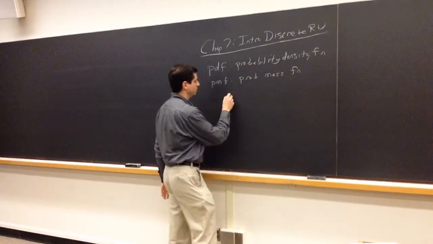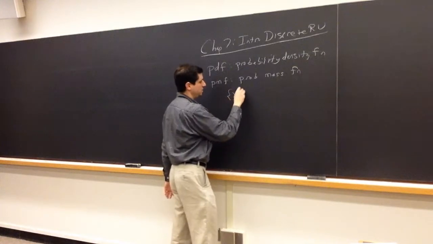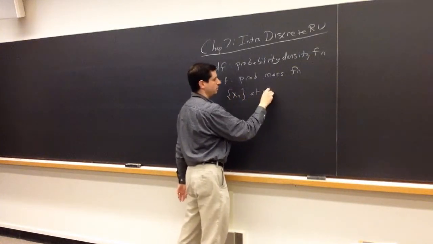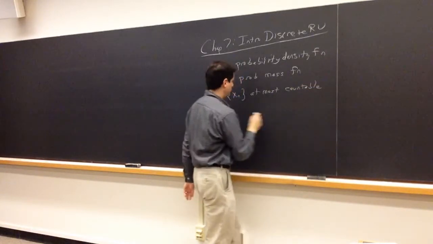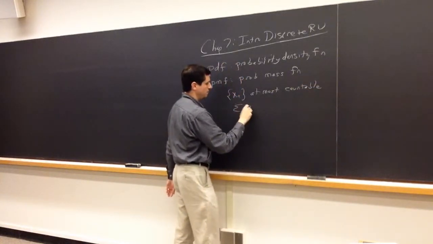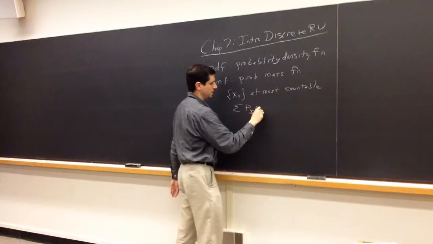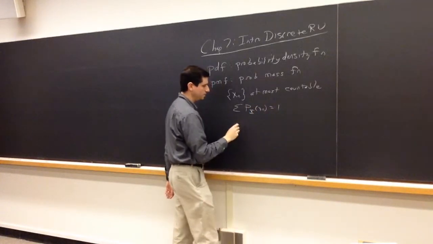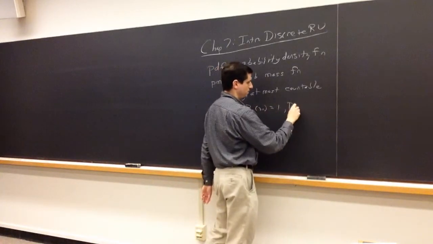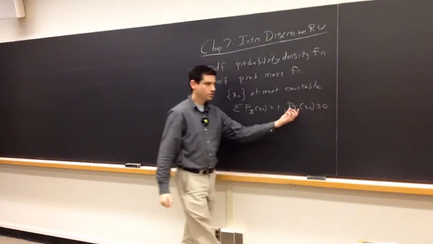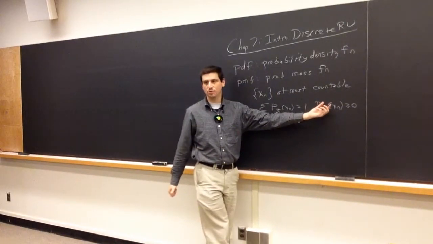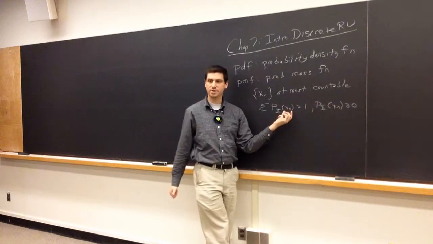It has to be non-negative. So x_n is at most countable. Then you'll have the sum of p_X(x_n) equals 1. p_X(x_n) is greater than or equal to 0. So I'd never assign negative probabilities.